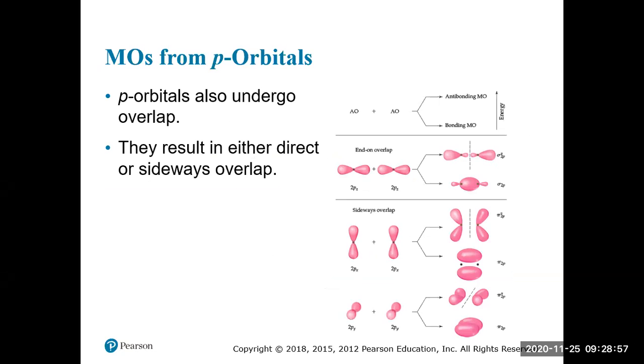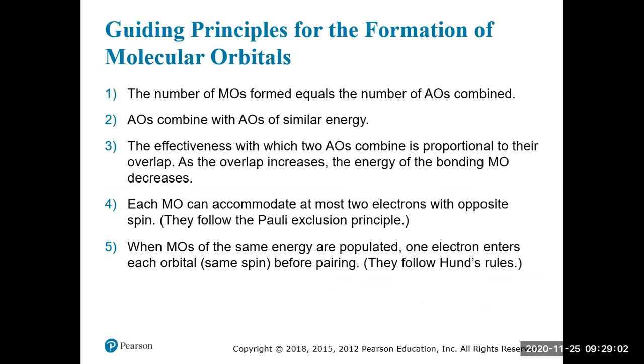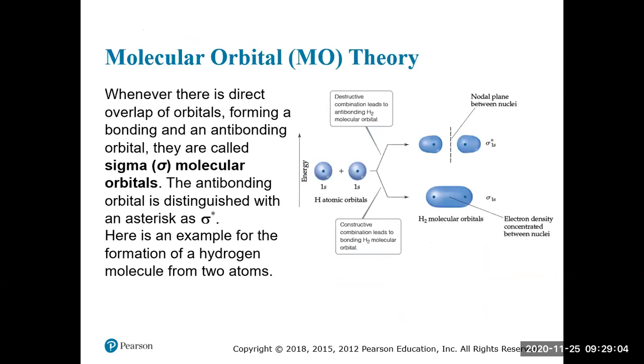Also, get a feel for what the p orbital overlap looks like, and going back to here, what the s orbital overlap looks like. If you can get a feel for that, it'll be a good introduction to molecular orbital theory. So any questions on any of this before I move on to the next chapter?